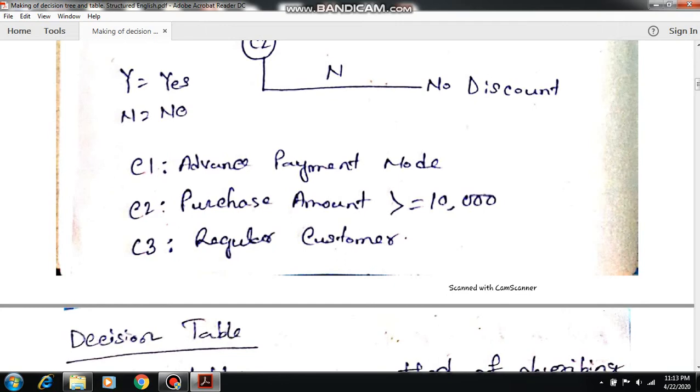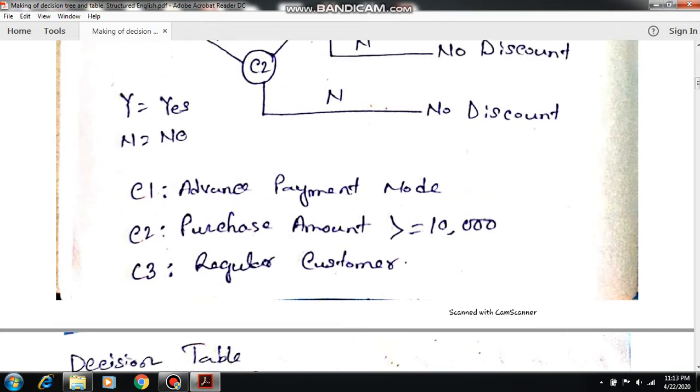C2 condition: purchase amount is greater than or equal to 10,000, meaning when the purchase amount is greater than 10,000, the customer makes the advance payment. The third one is regular customer. If the customer is a regular customer, they can give the advance payment.